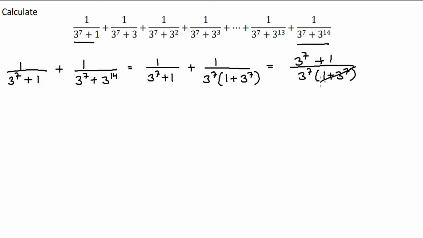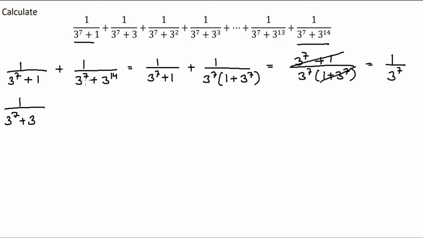Addition is commutative, so 1 plus 3 to the power of 7 is the same as 3 to the power of 7 plus 1, and this cancels out. So we can write it as 1 over 3 to the power of 7. I am not skipping anything; I will tell you each and every aspect of this question.